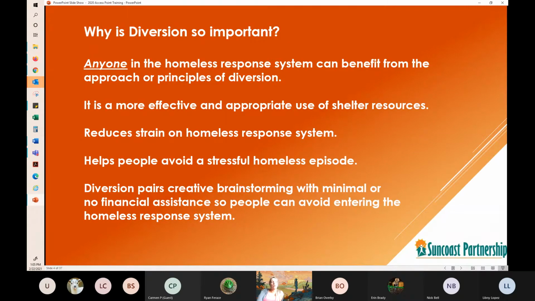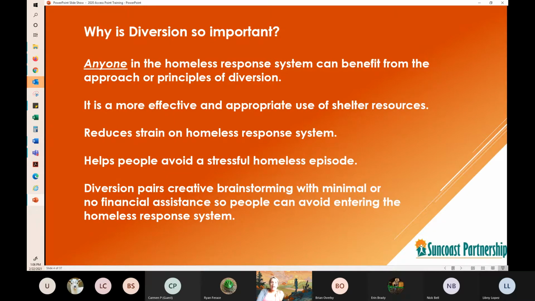You might have clients coming in through Open Door, or maybe they're coming in for some type of financial assistance to get into housing, whatever the case may be. We're all meeting clients at different entry points, but we all should be having this very similar conversation, explaining that homelessness is there. We have this coordinated entry system.